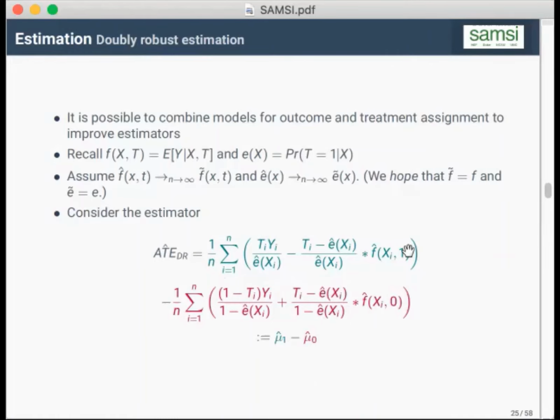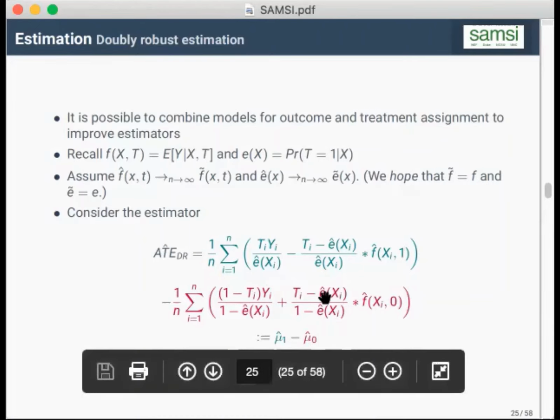I'm going to call this first line mu1. This estimates the expected value of y1, and the second line is mu0. This estimates the expected value of y0.